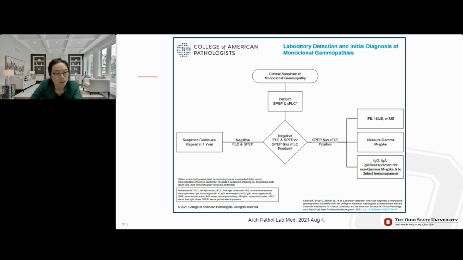I have discussed that in the 2021 CAP recommendation, CAP recommended to have free light chain order together with SPEP. In our institute, from the lab perspective, we have not offered the test panel order with a free light chain yet. And I was wondering how our clinicians follow their practice.